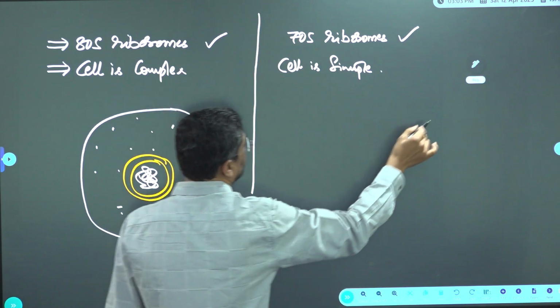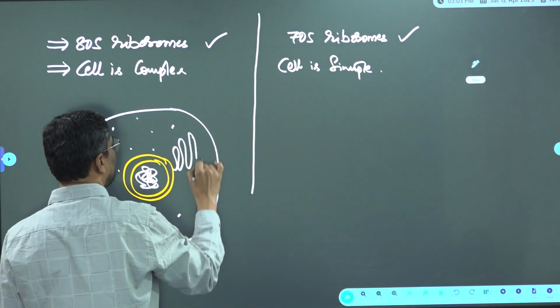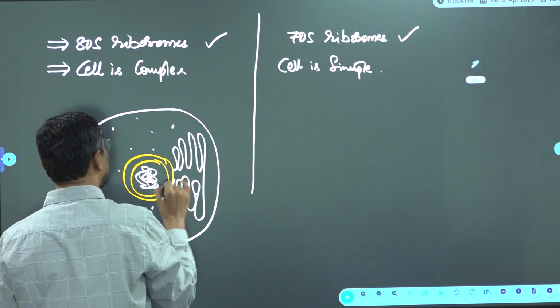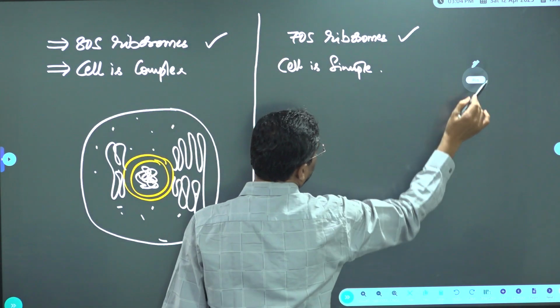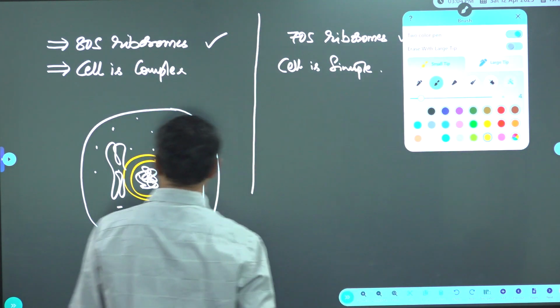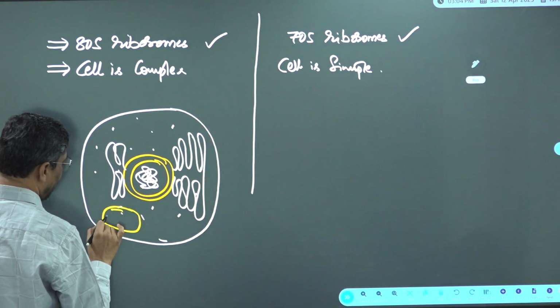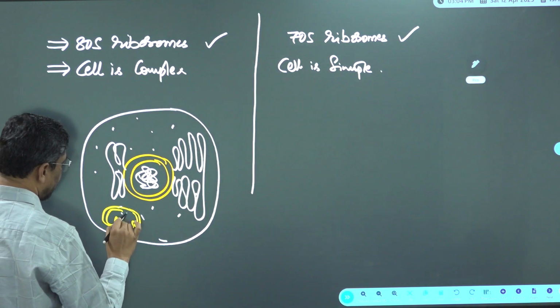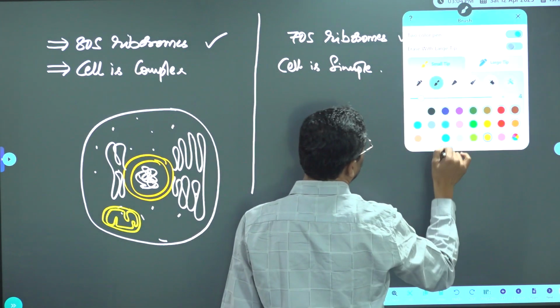And then the endoplasmic reticulum, a membranous reticulum extending throughout the cell. And then mitochondria, and then chloroplast.